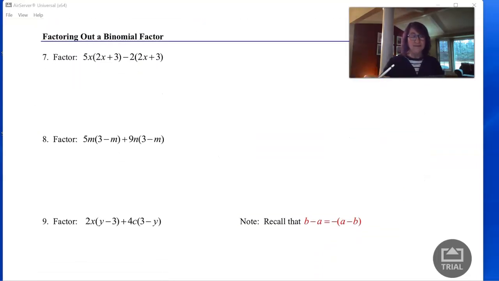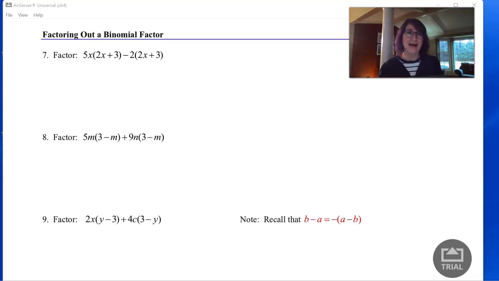Okay, let's move on and factor out a binomial factor. This looks really strange at first, but you'll catch on rather quickly. What we have here is a term and then another term. When you're factoring out a greatest common factor, you are looking within the terms for what is the same factor.